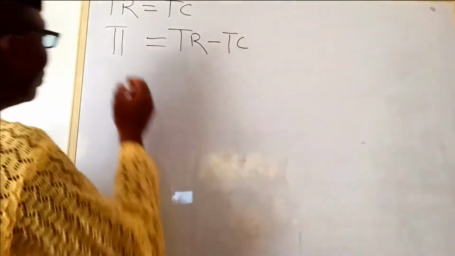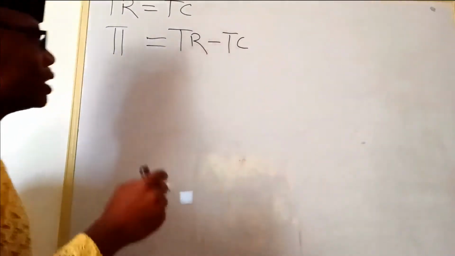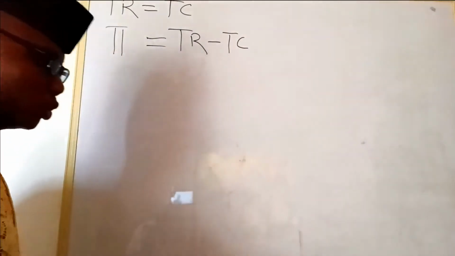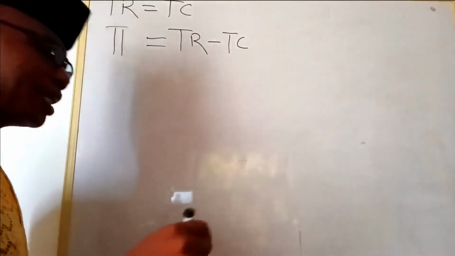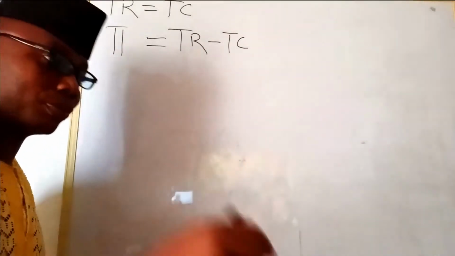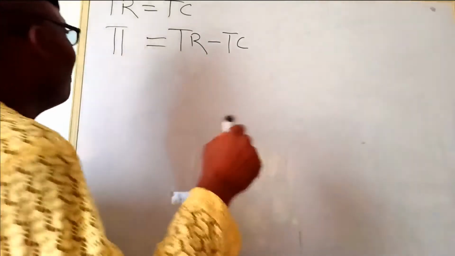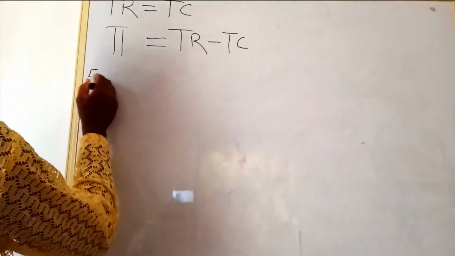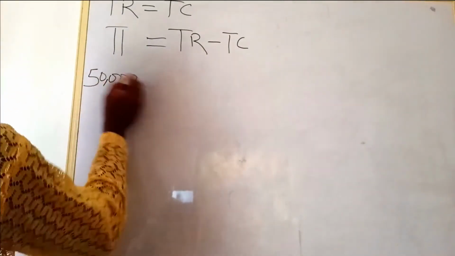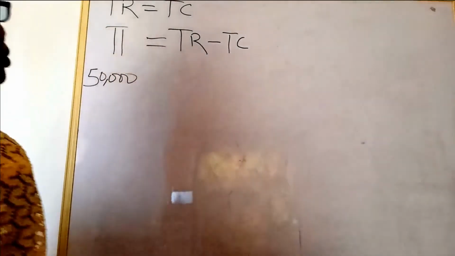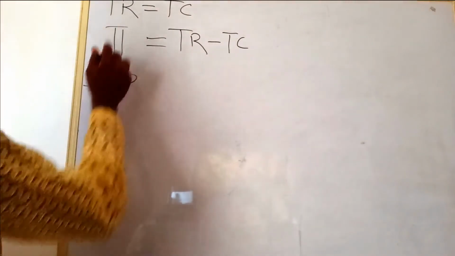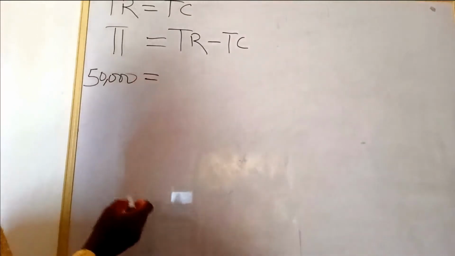In the question, they asked what quantity we must produce so as to make a minimum profit of 50,000 naira. So 50,000 as your profit equals total revenue.